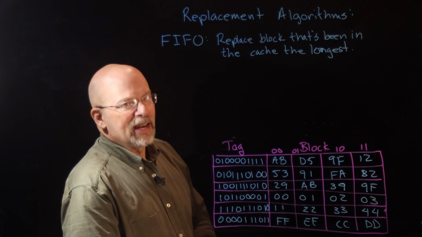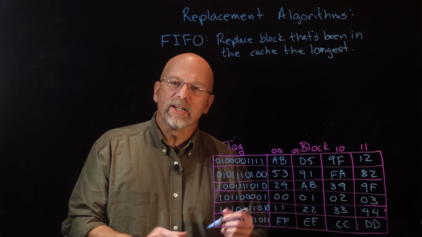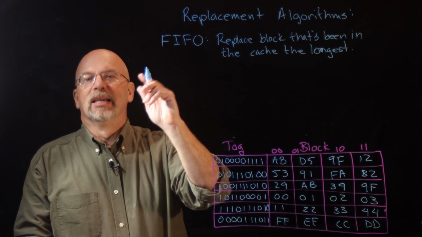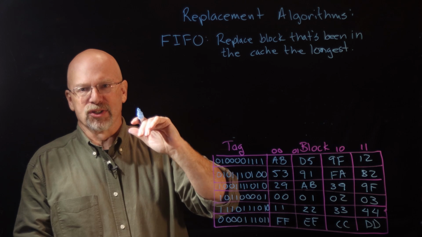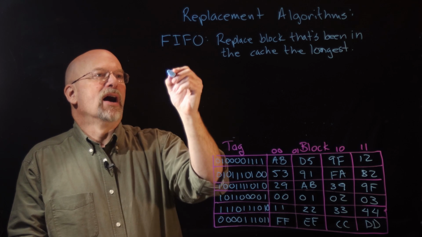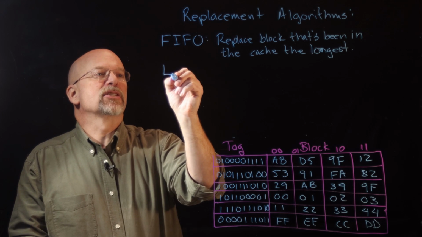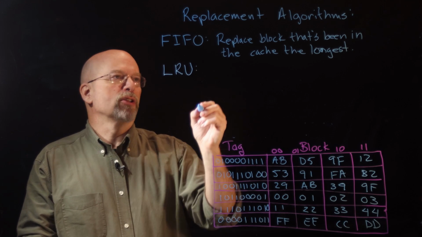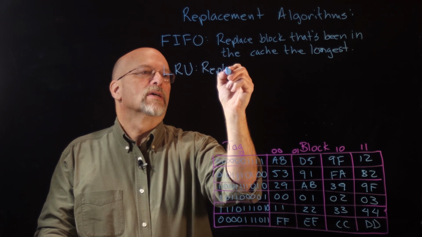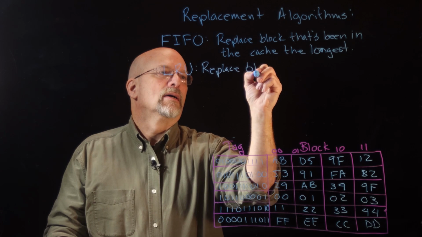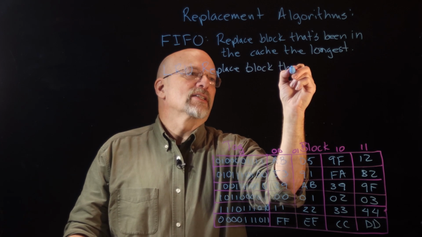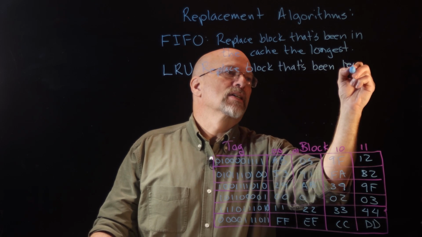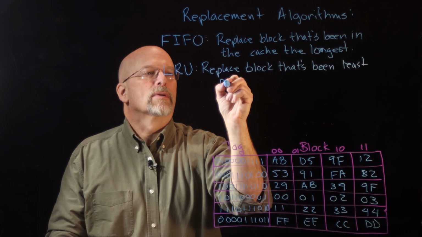So we've got another one which is much better. It's a much better performing one. And this one is called, and I'm going to put the initials up here, but I'll say what they are. They're the least recently used. All right, LRU. Replace the block that's been least recently used.